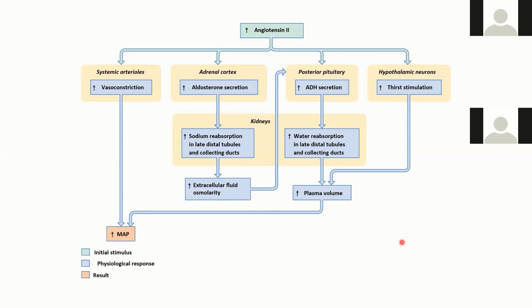It's also causing ADH secretion. It's also causing thirst feelings. All of this in order to increase your mean arterial pressure. So it's really all a response to keep your blood pressure up. So it's all going to be a response to falling blood pressure. And that's going to really be true about basically everything in chapter 19, which is about regulating blood pressure.